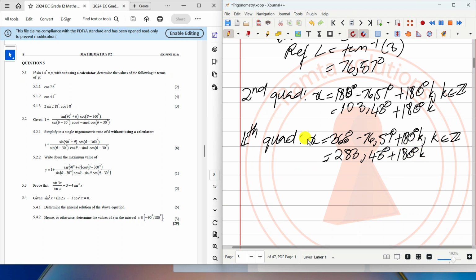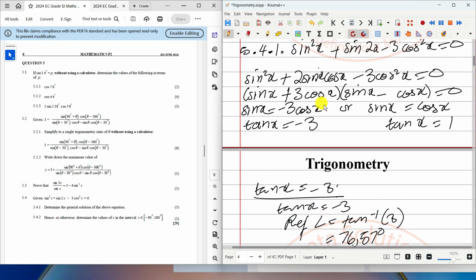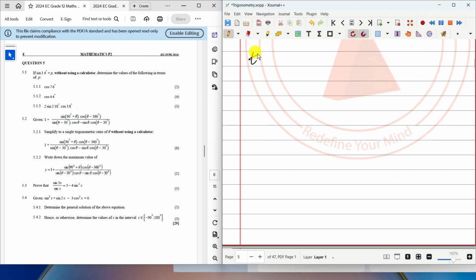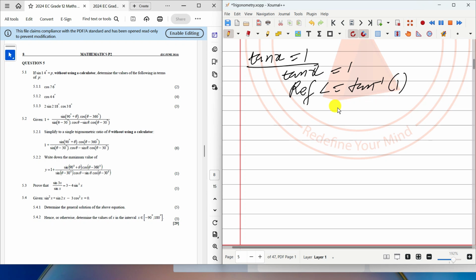Okay, so we are done with the first part. Now let's work on the second part, tan x equals 1. The reference angle equals tan inverse of 1, which is 45 degrees.